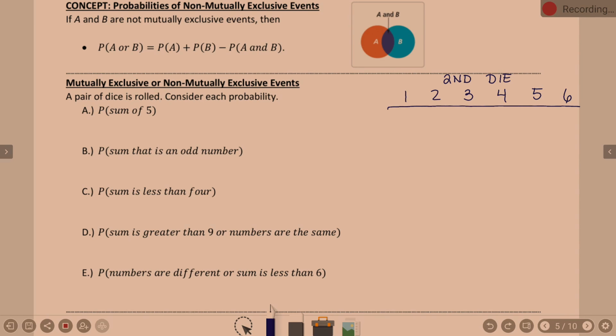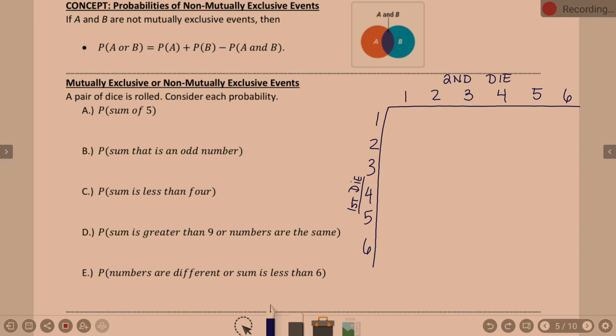On the first die, what are my options? 1, 2, 3, 4, 5, or 6. And this is the options on the first die.